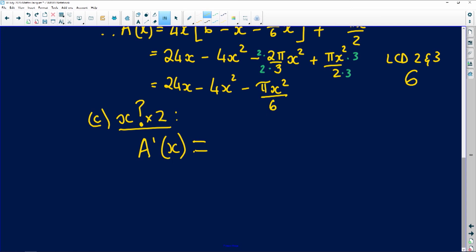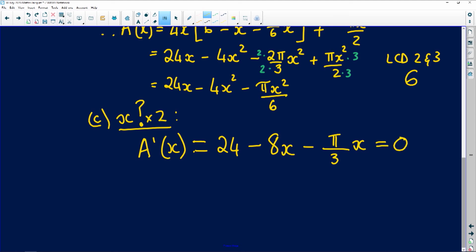The derivative of 24x is 24, minus 4 times 2 is 8, with an x over there. And this 2 comes down, 2 divided by 6 gives me 3 at the denominator. And then I have pi over 3x that's left.